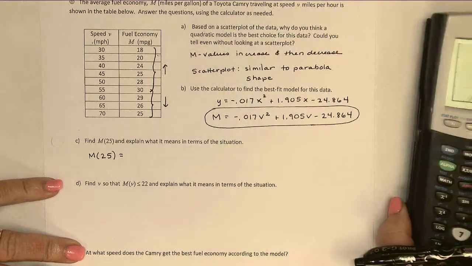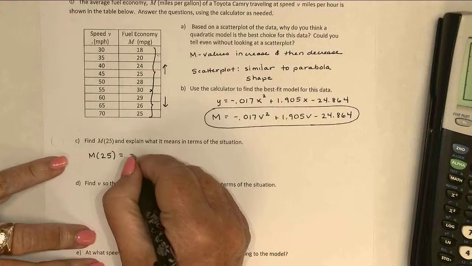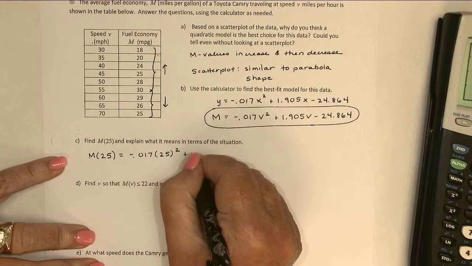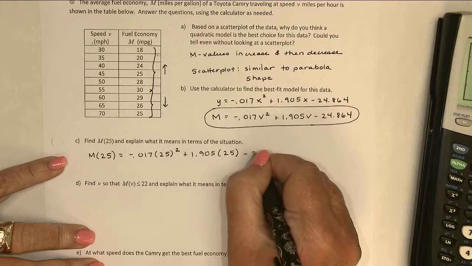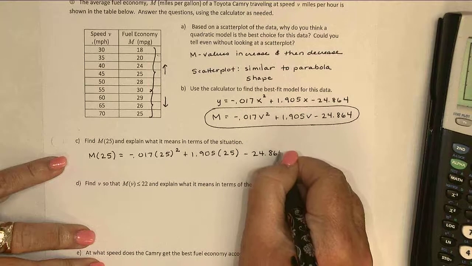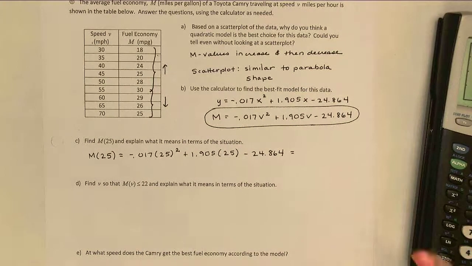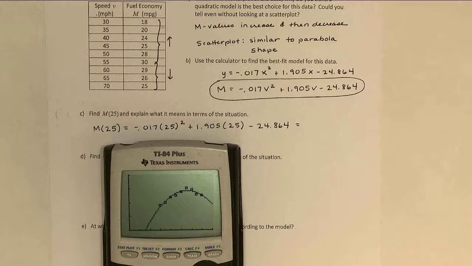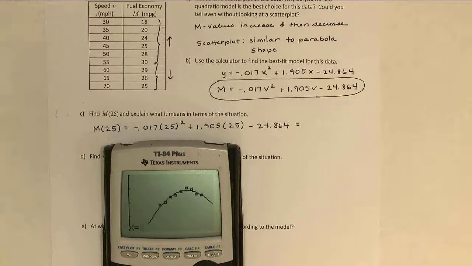Of course, one option would be to plug the 25 in here for V. But as long as I've already got the graph, another way to get that number is to go into second calc and ask for the value when x, or in other words v, is 25.